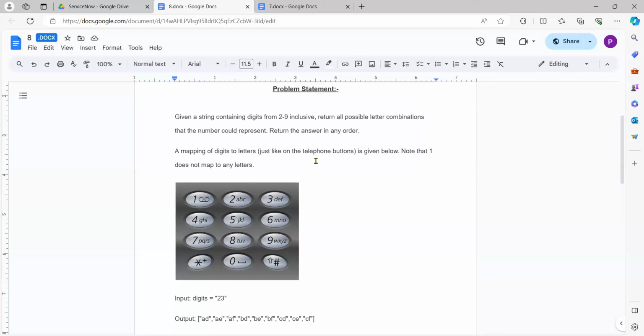Like two, if there is two present, it has three options. Either it is representing A, or it is representing B, or it is representing C. Then D, E, F, and so on. So you are given a string of digits, and you have to find all the corresponding letter combinations that are possible for the numbers given to you.